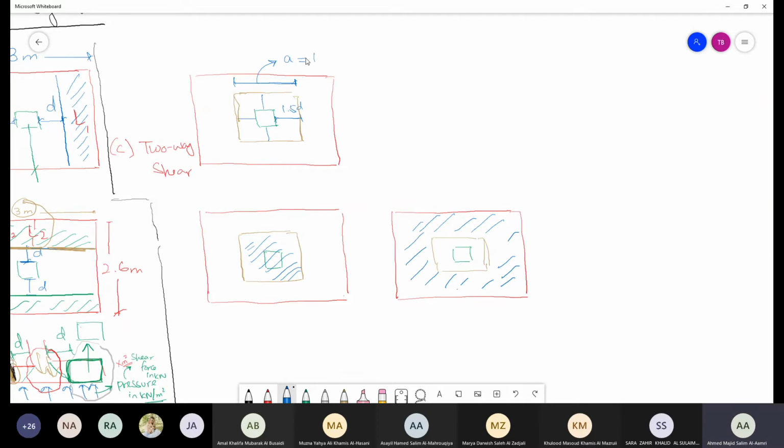You can see that A is equal to 1.5D plus 1.5D, because we have 1.5D from here, 1.5D from here, and we have 0.4 from here. So it is 3D plus 0.4, which is going to be 3 multiplied by 0.53 plus 0.4.